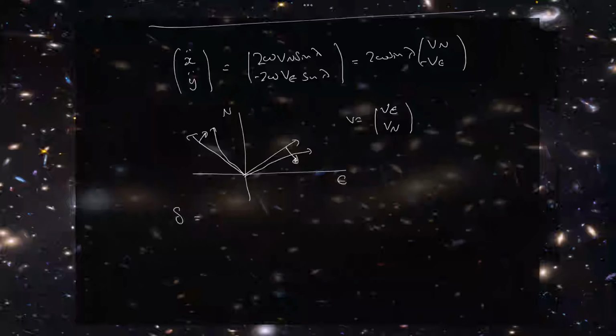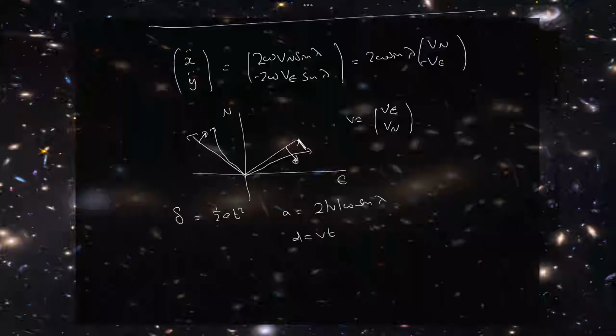In the southern hemisphere, the deviation will be to the left. Well, let's work out the deviation. Delta is going to be a half a t squared, where a is twice the magnitude of omega sine lambda. So this is the deviation we would expect after time t from the firing of the bullet.